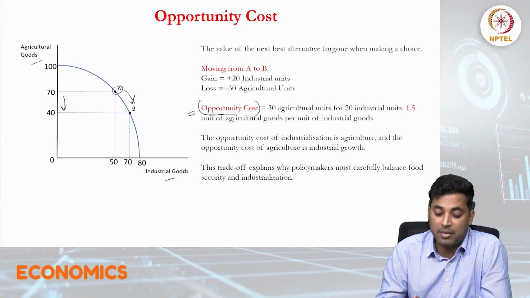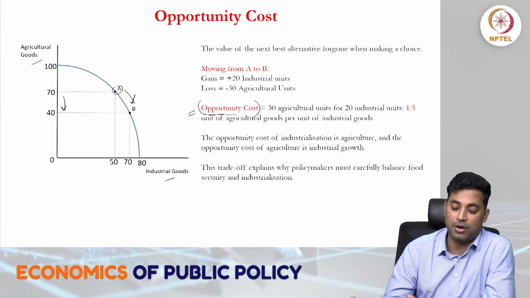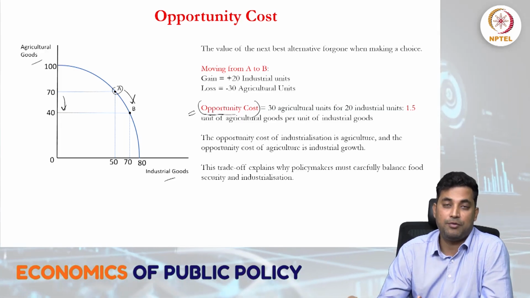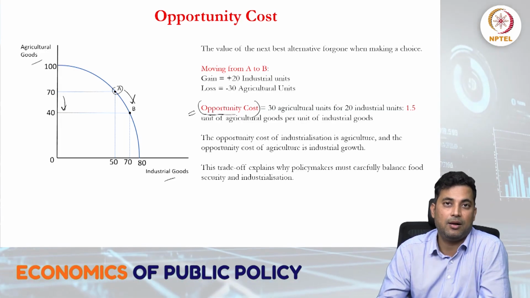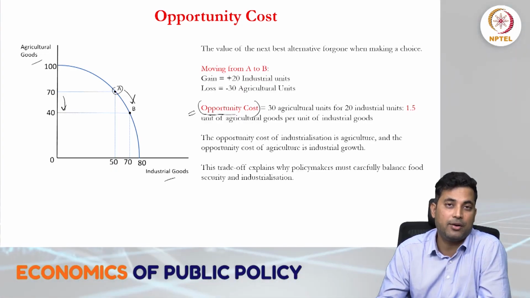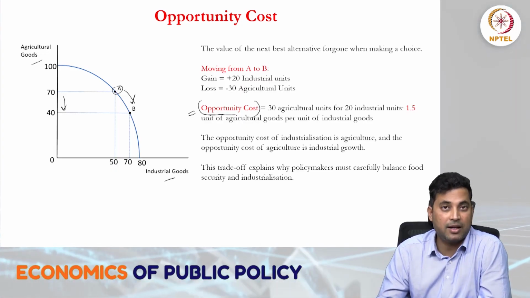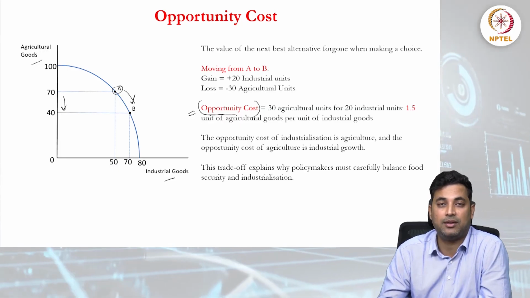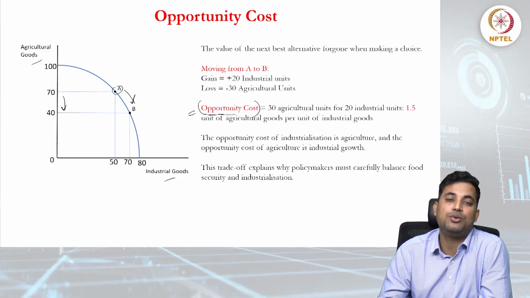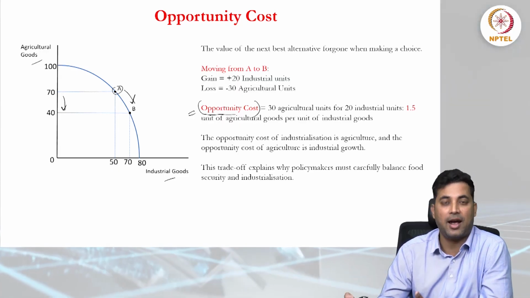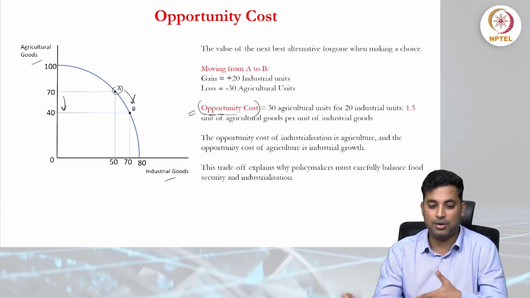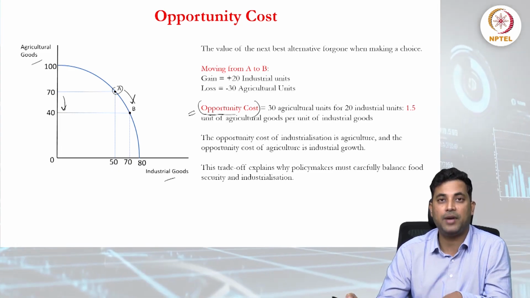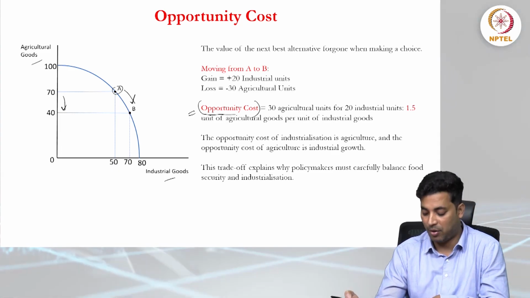Trade-off can be explained with the help of opportunity cost, which is why policymakers must carefully balance between food security, which is say wheat and rice or bread or other agricultural commodities, and industrialization, the manufacturing goods that we are planning to produce at the cost of agriculture, and vice versa. So this is how the production possibility frontier and opportunity cost are very important even in public policy discourse.